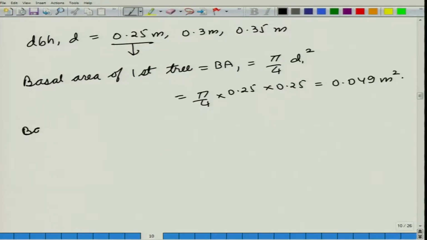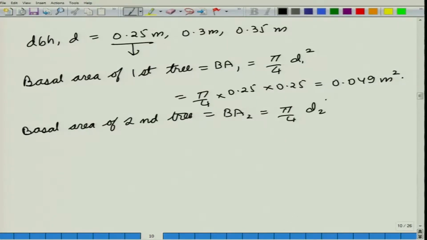Now the basal area of the second tree will be given by BA2, which is equal to pi by 4 d2 square, or pi by 4 into 0.3 into 0.3, which is equal to 0.071 square meters.